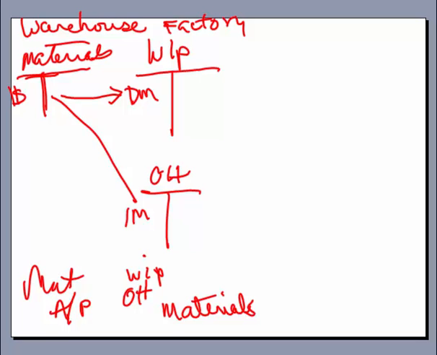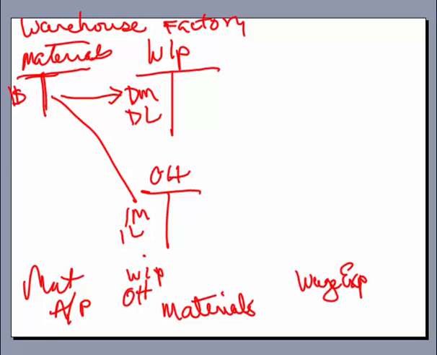Then, on top of that, you're going to add direct labor. And direct labor, by definition, are all the dollars that you spend on labor that are on a hands-on basis. So your direct labor would go into work in process, your indirect labor would go into overhead, and you would have wage expense for anything that's not part of the factory but for the company.